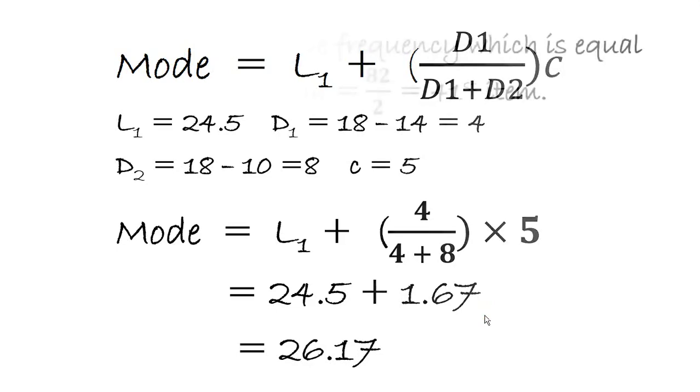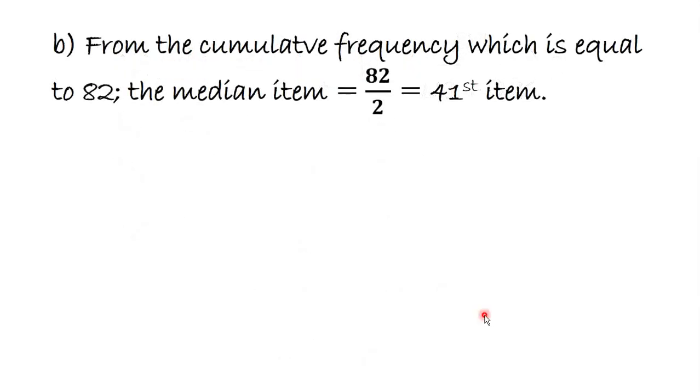And then also the question wanted us to get the median. So from what I've been trying to explain, from the cumulative frequency, which is equal to 82, we see that the median item is going to be 82 divided by 2, which is 41.